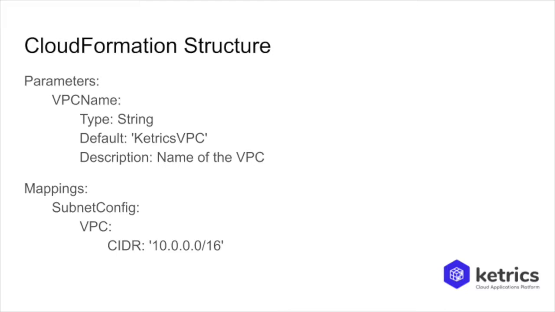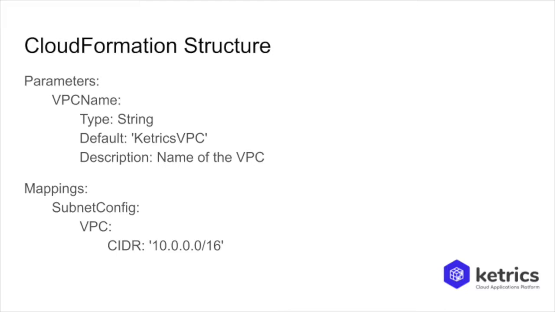In order to define a parameter, you need to add it under the parameters entry. You need to give it a name, which will be the key you will use to reference it in the template. There are several attributes you can define for a parameter, which you can find in the documentation. For example, the type defines the data type of the parameter, whether it is a string, a number, or a boolean.